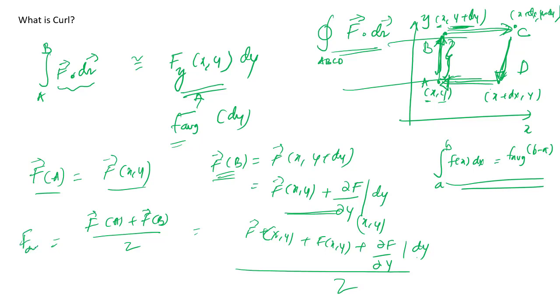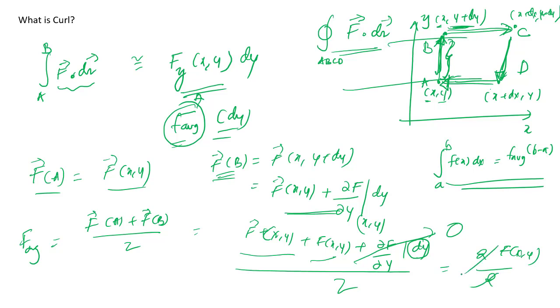But I'm going to multiply whatever this average is with the dy. So I have another dy here, so I'm ignoring this term because dy times dy would be even smaller, dy square. And this is f of xy plus f of xy, which gives me 2 f of xy divided by 2, so I'm canceling it out. So here we are ignoring this term after multiplying with dy.